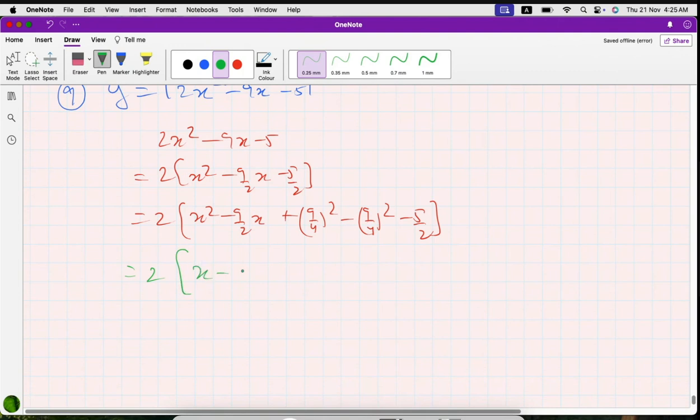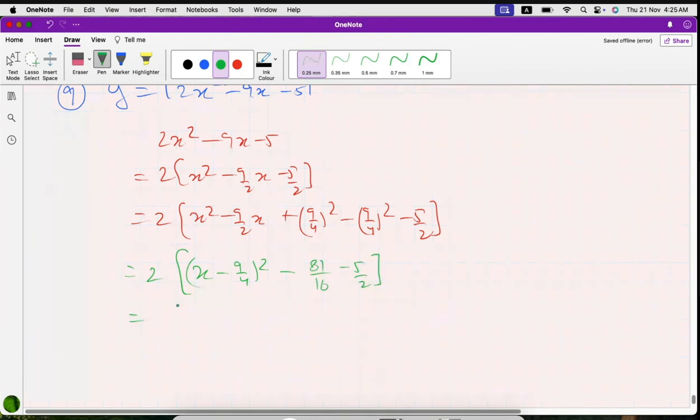This is x minus 9 by 4 whole squared, minus 81 by 16 minus 5 by 2. Using the calculator, 81 by 16 and 5 by 2 gives me 121 over 16.